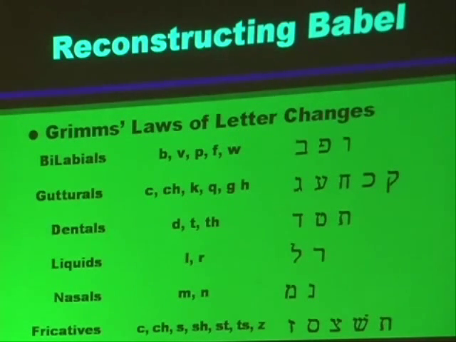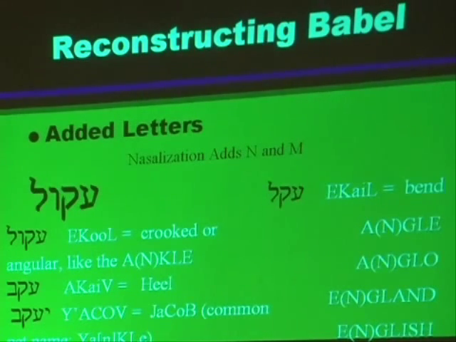Here are the ones that I spoke about, some examples of the letters in the groups, as they call them, the bilabials, the gutturals, the dentals, the liquids, the nasals, the fricatives. These letters tend to switch off depending on the language. And if you are aware of them, it will be easier to decipher the root of the word in case the root is Lashon HaKodesh.